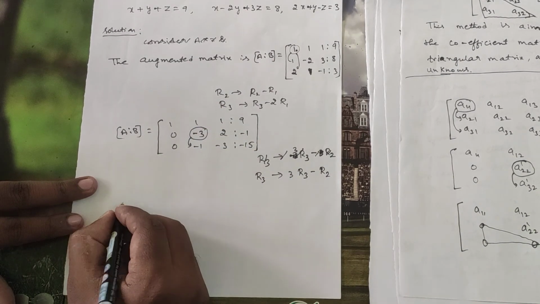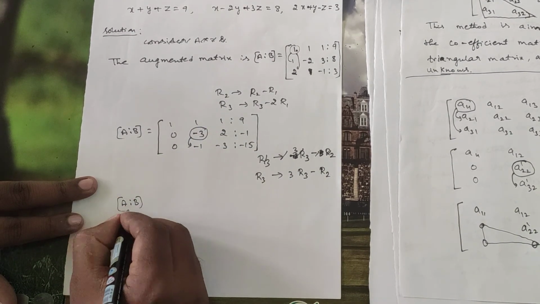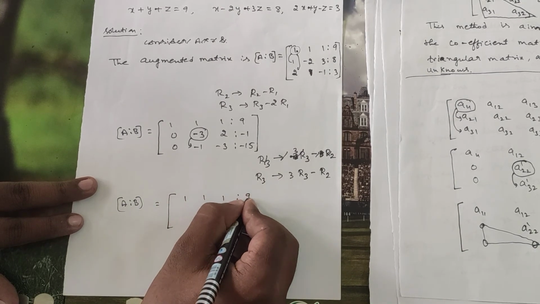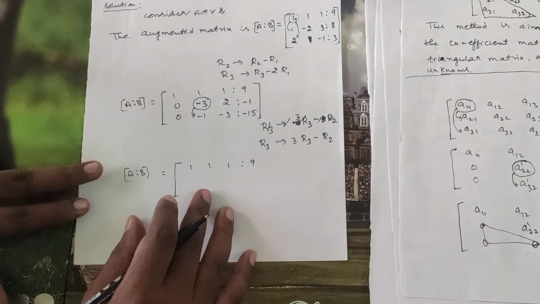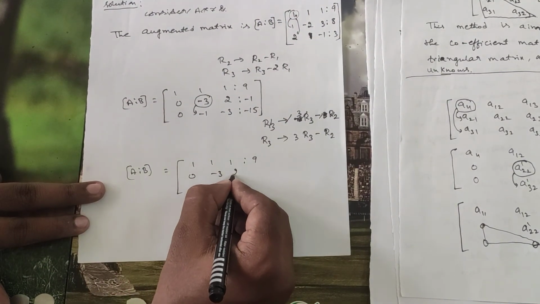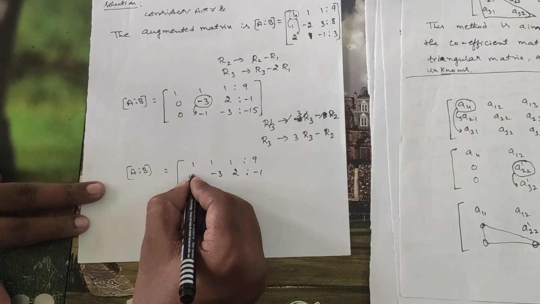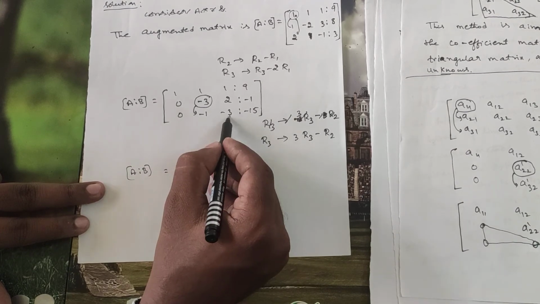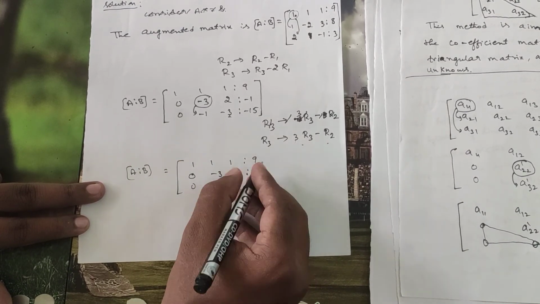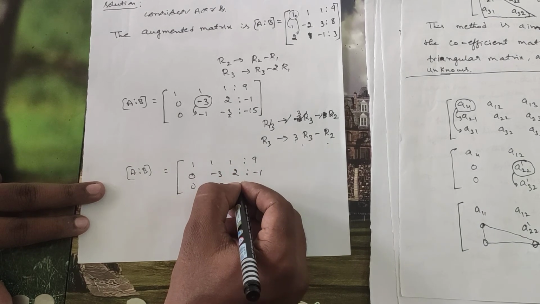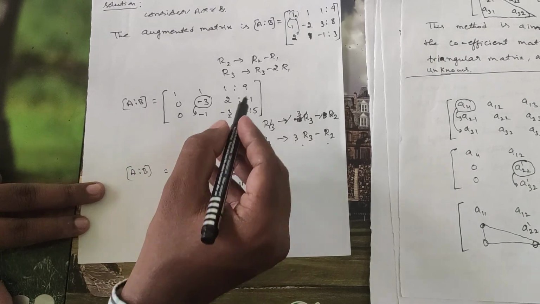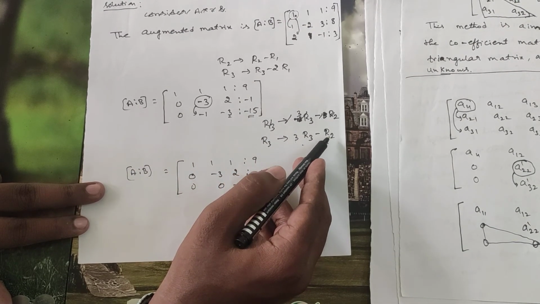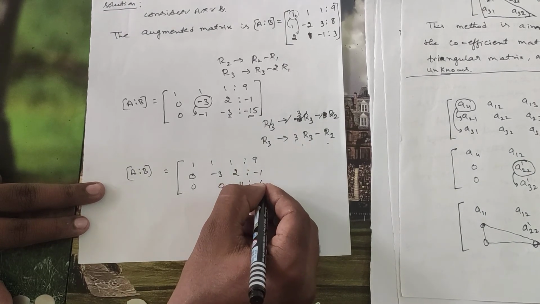Okay, so what you get here, A is to B equals 1 1 1 is to 9, and here 0 minus 3 2 is to minus 1, 0, and here this becomes 0, and here this element: if you apply for this one, you will get minus 11 is to, and here this element minus 15, so you will get minus 45 minus 1, you will get minus 44.